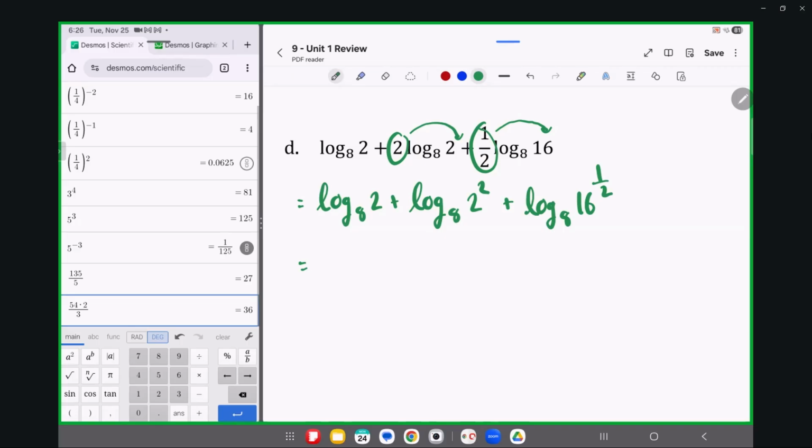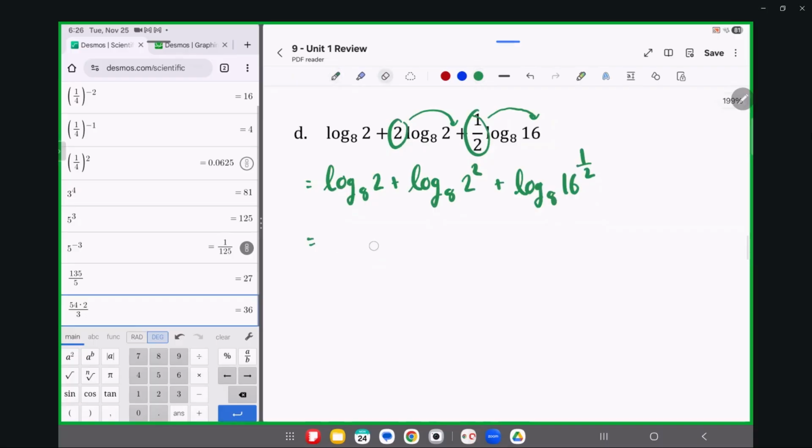Okay, so let's simplify down these exponents. So log base 8 of 2 stays the same. Nothing changes there. Log base 8 of 2 to the power of 2 becomes log base 8 of 4. And 16 to the power of 1/2 is the same thing as the square root of 16, so we end up getting log base 8 of 4.